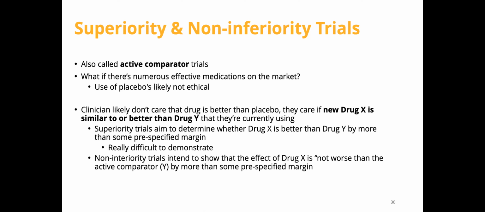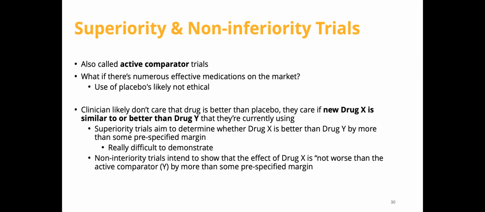Clinicians probably don't care that the new drug we're studying is better than placebo. They care if the new drug is similar to or better than something they're currently using. So a superiority trial aims to determine whether drug X is better than drug Y, which is currently on the market, by more than some pre-specified margin.